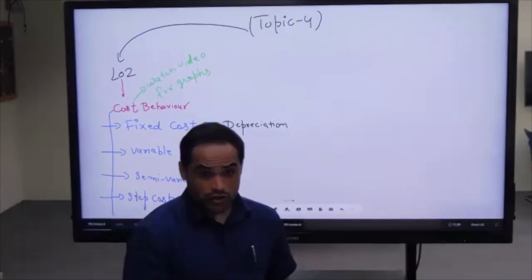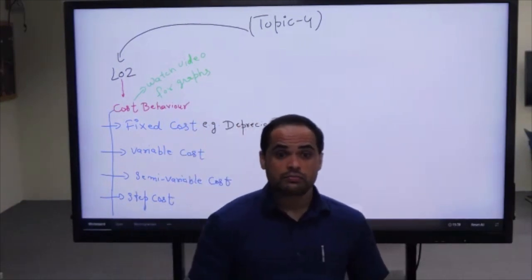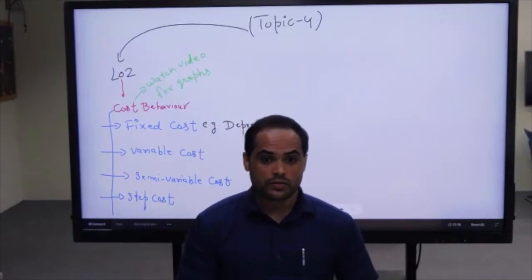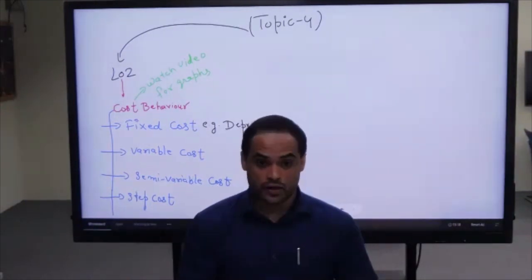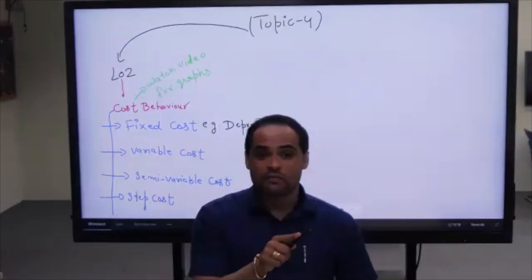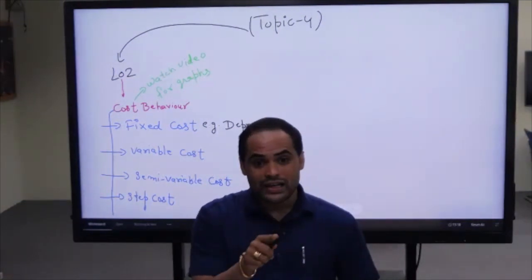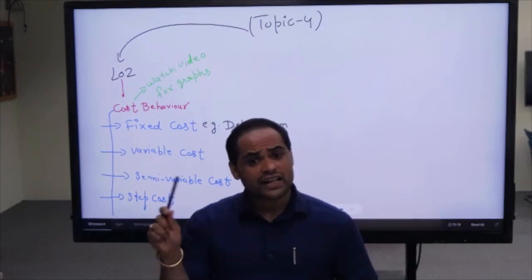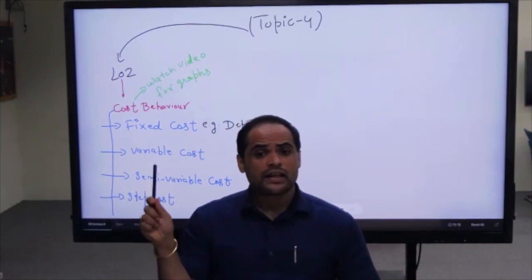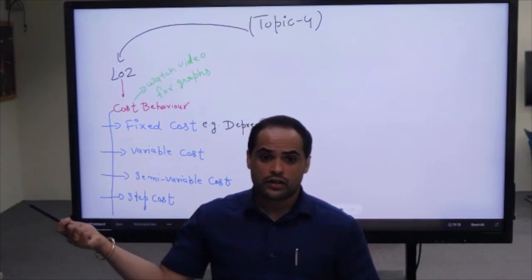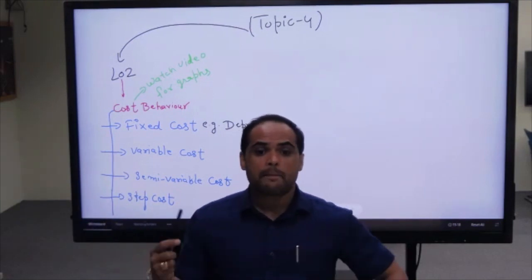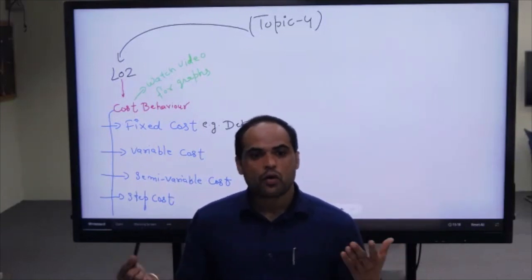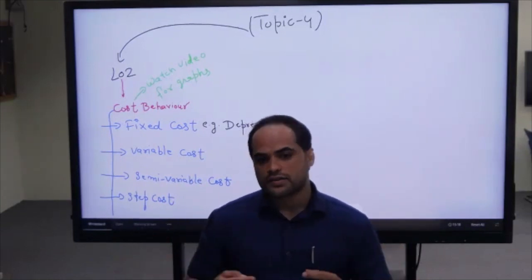No matter whether you produce one product, 10 products, 100 products, or do not produce any product, the value of the machine will change over the period of time. It's not affected by the level of production or by the number of units that we are producing. So that kind of cost is a fixed cost.